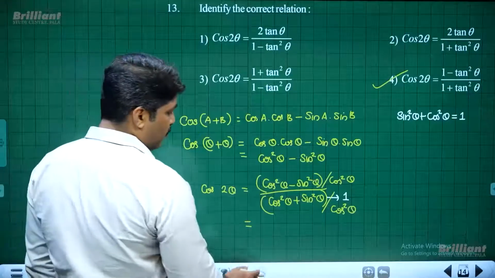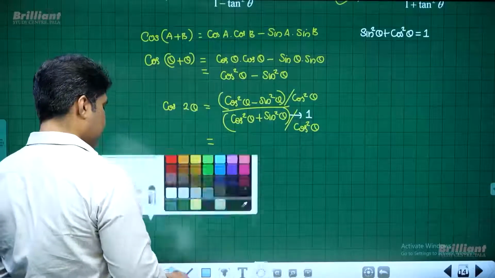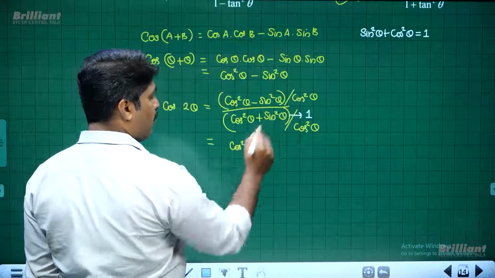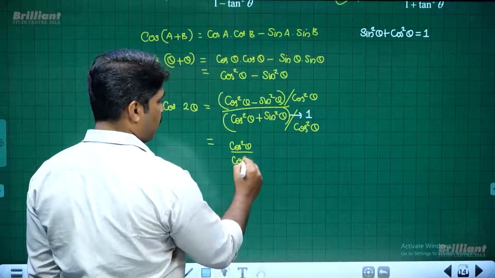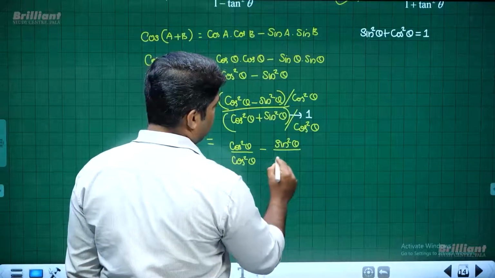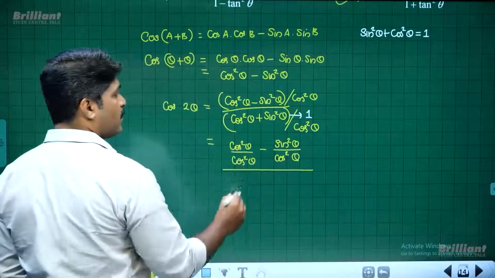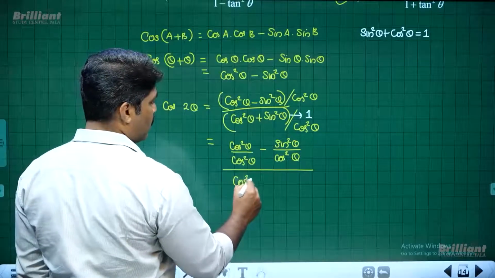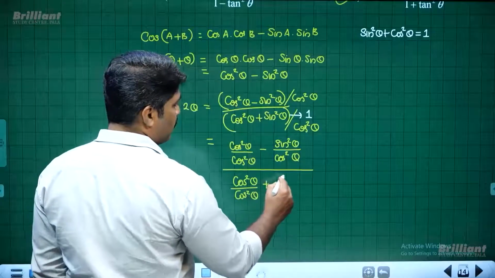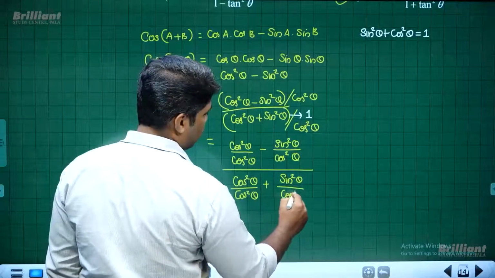Here we get the steps of operations. This is the basic proof of that identity or result. So this is cos square theta by cos square theta minus sin square theta by cos square theta, divided by, in the denominator, cos square theta by cos square theta plus sin square theta by cos square theta.